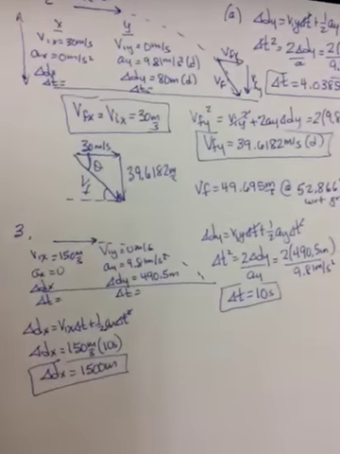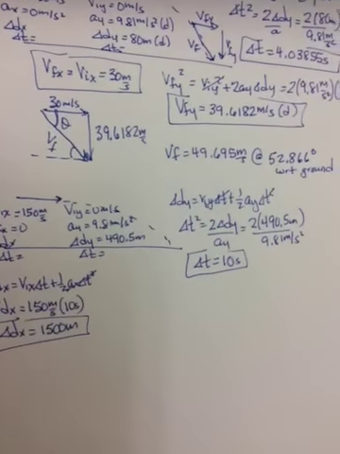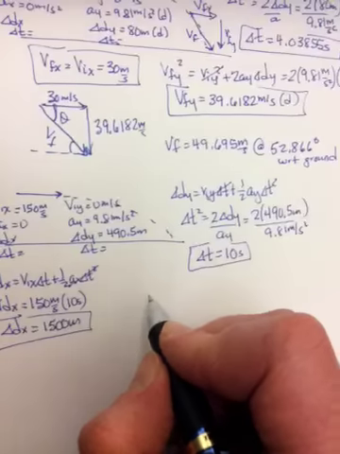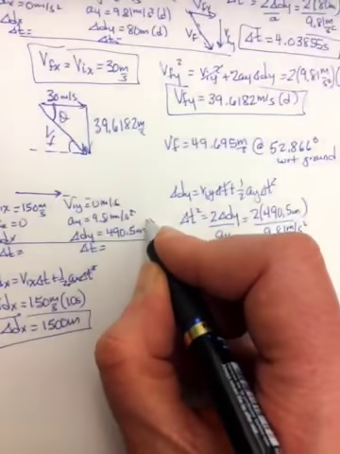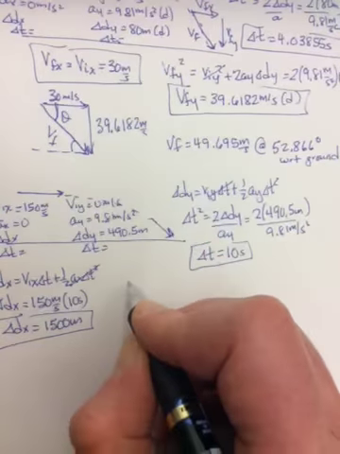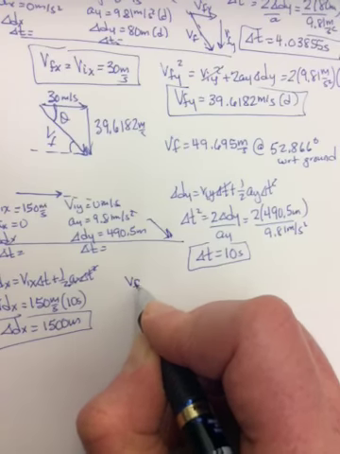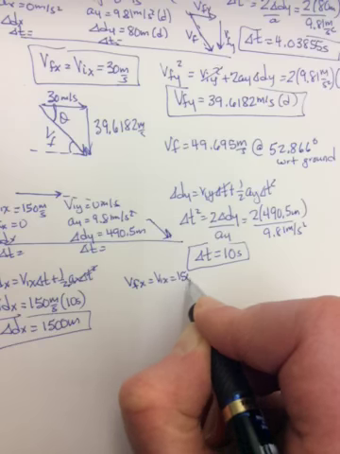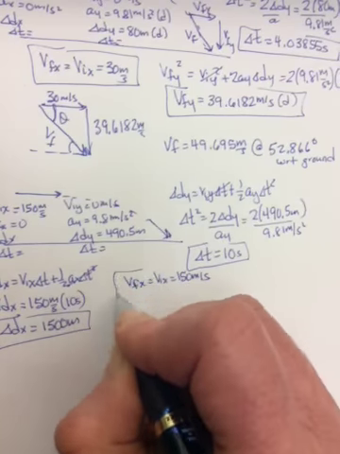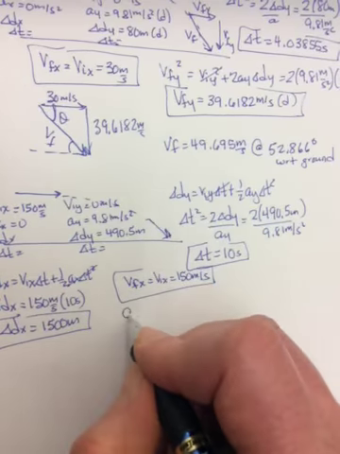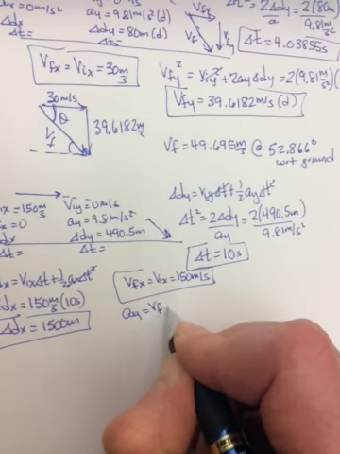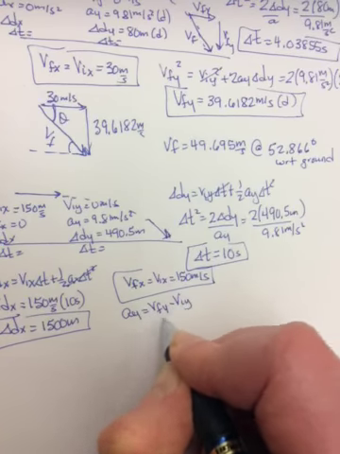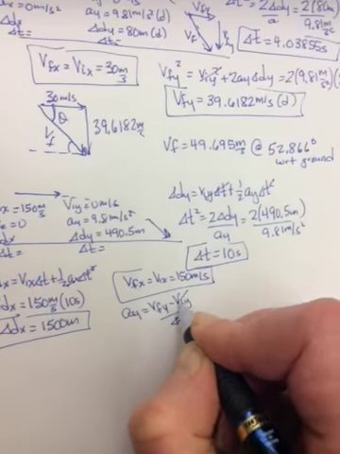Okay, and then part B, velocity just as it goes to strike the ground. So again, you need your vfx and your vfy. Again, vfx is equal to Vix, so 150 meters per second. Because the time is pretty nice this time, I might do ay is equal to vfy minus viy over delta t.